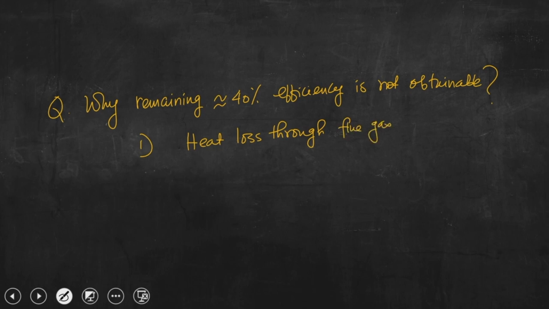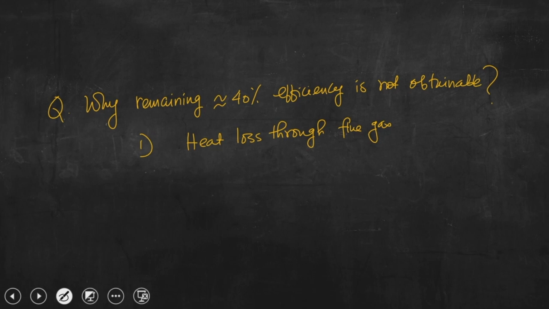If we recall the schematic of the fire tube or water tube boiler, we can see that the flue gas is produced in the combustion chamber, directed towards the top of the boiler, and while passing through the water tubes or fire tubes, it eventually goes out from the boiler to the surroundings.